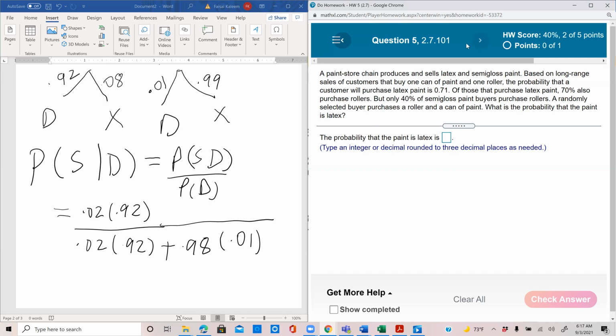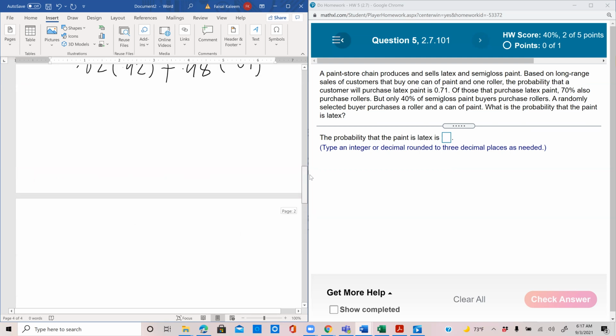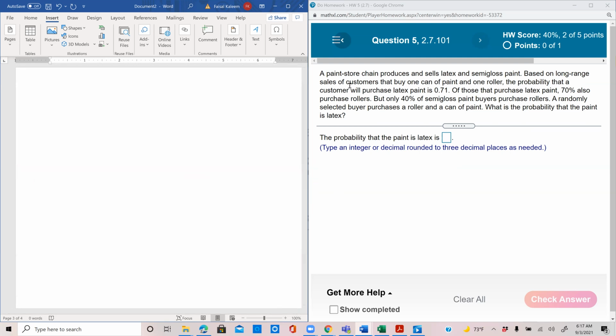Okay, so this one is a similar idea. Let's do it. Here, a paint store chain produces and sells latex and semi-gloss paint based on long-range sales of customers that buy 1 can of paint and 1 roller. The probability that a customer will purchase latex paint is 0.71.